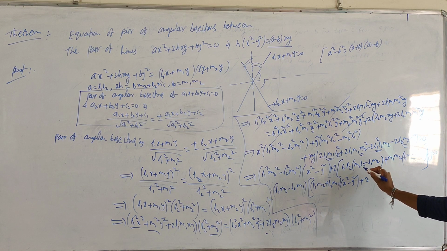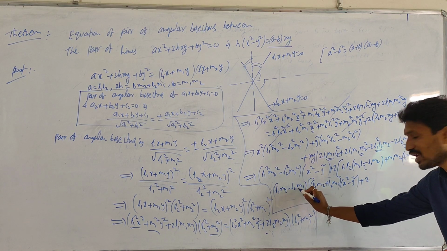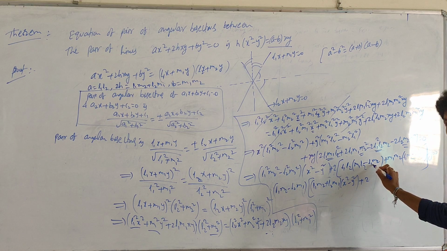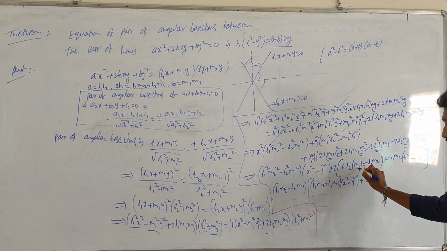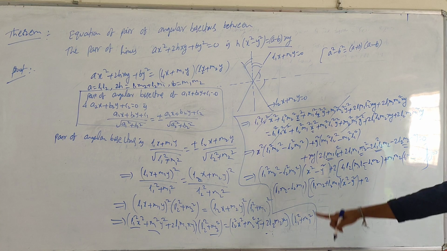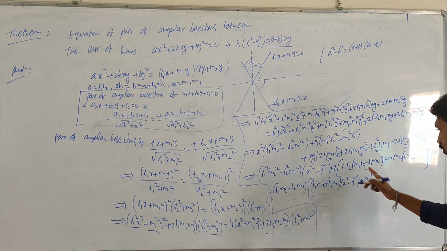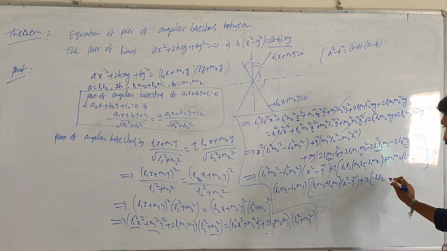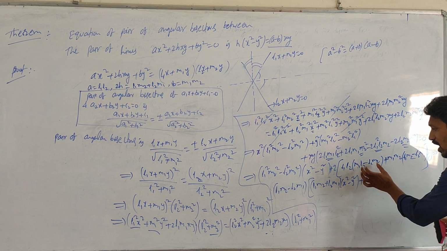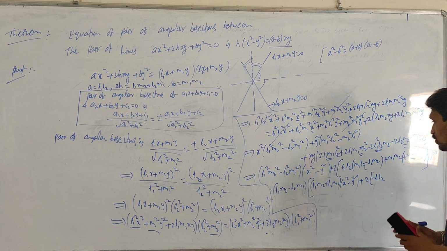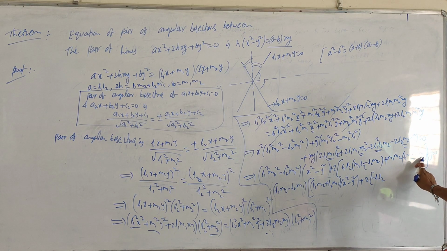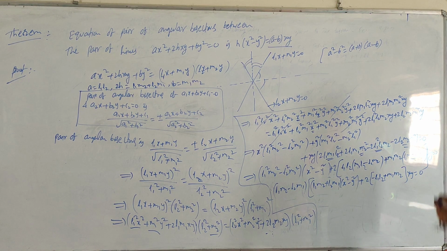Actually we are taking L1 M2 minus L2 M1. Here L1 M2 is the second term, L2 M1 is the first term, so take minus common. Then it becomes minus L1 L2, take minus common and take this one common. Next, directly we have the same procedure, plus M1 M2. So we have this, xy is equal to 0.